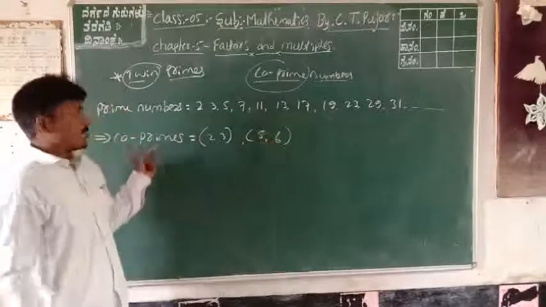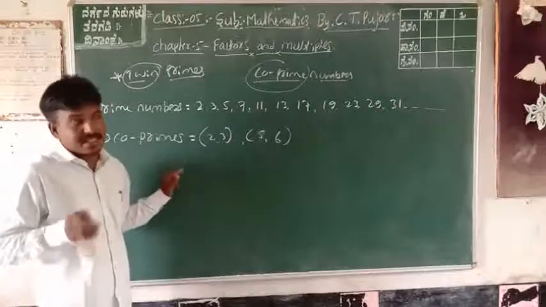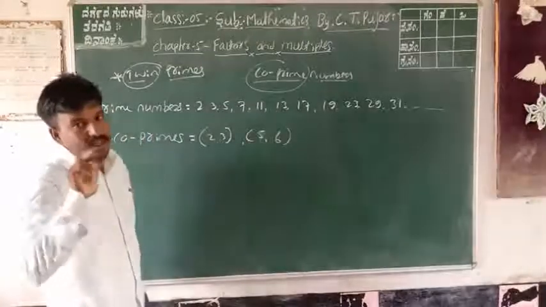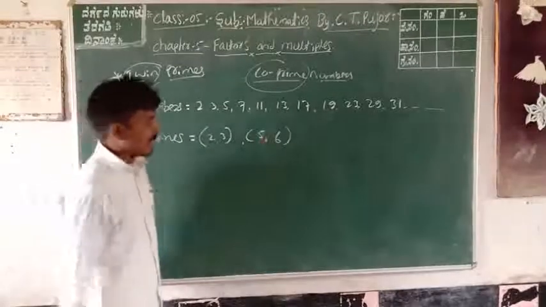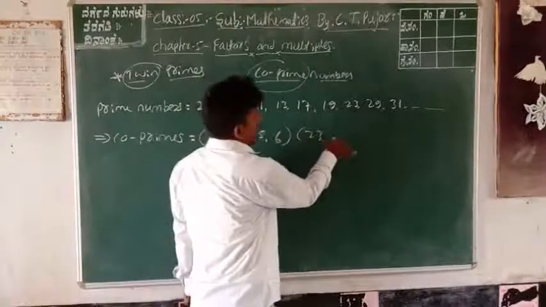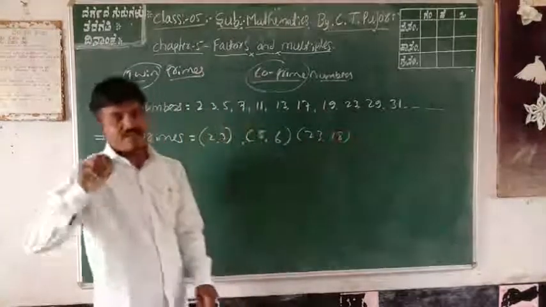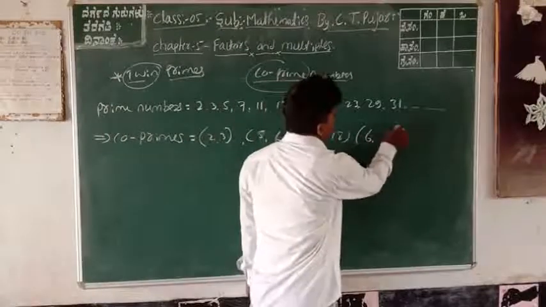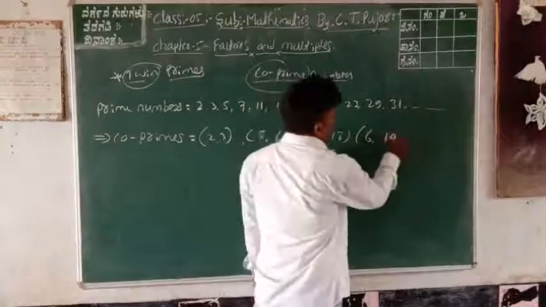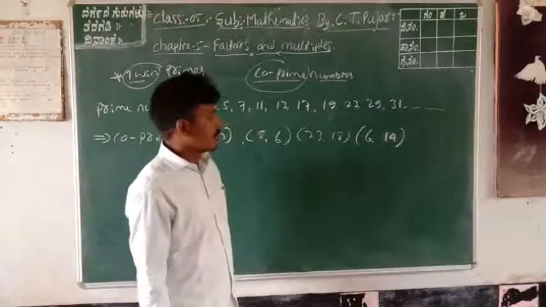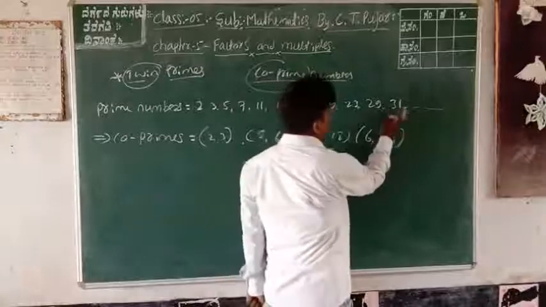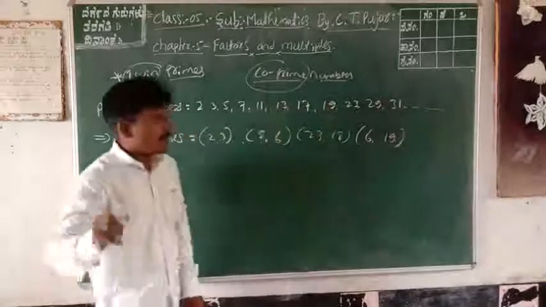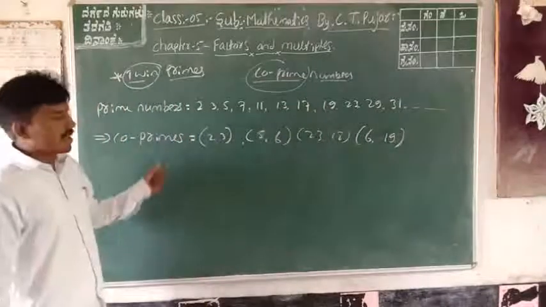Consider any 2 numbers whose only common factor is 1: 5 and 6, 23 and 18, 6 and 19. These are all co-prime numbers.